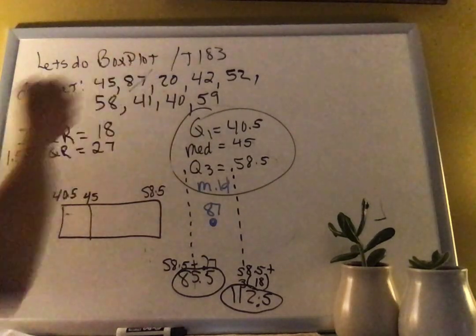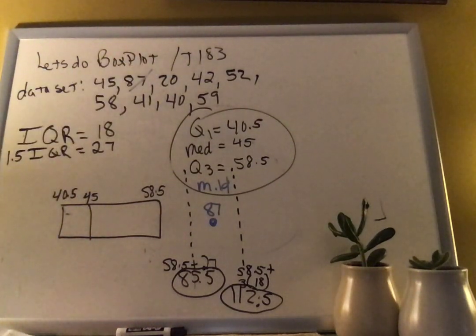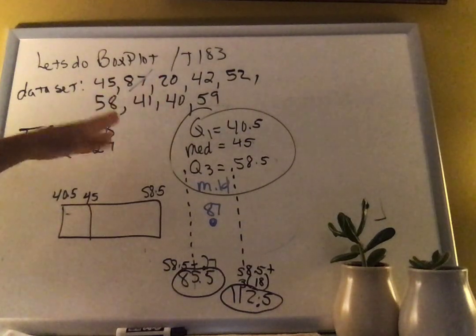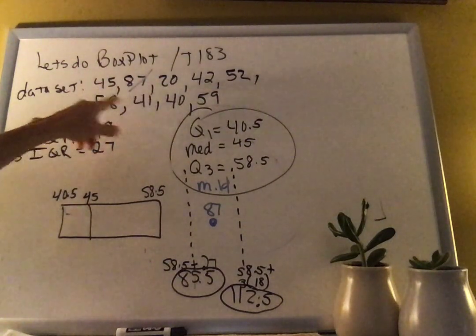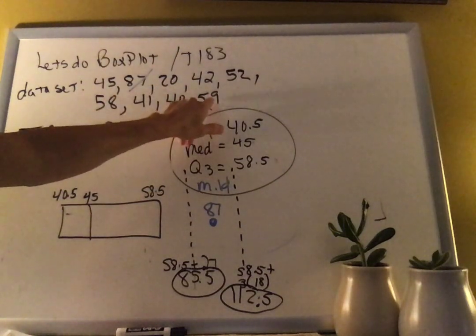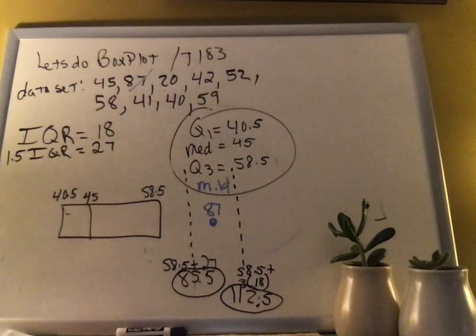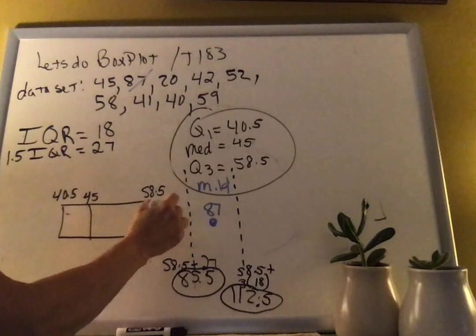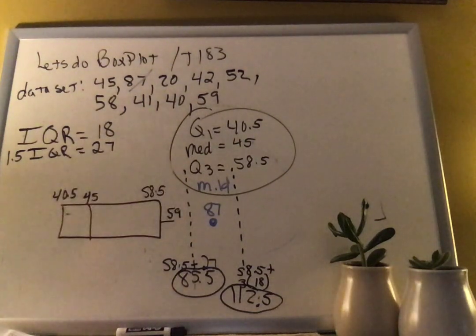Well, 87 is already an outlier. So what's my next highest data point? This is a small data set. You should be able to eyeball it. Nope. 59. He's my next highest data point. Tiny little whisker, but the end of that whisker is 59.